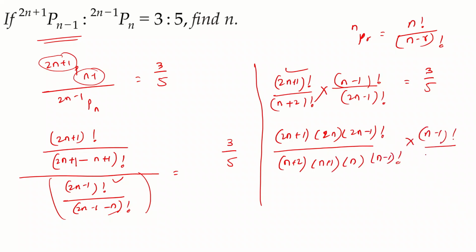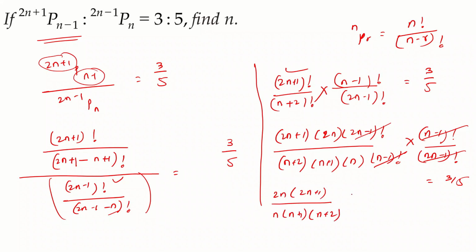That's the whole purpose. And this is equal to 3 by 5. So (n-1) factorial and (2n-1) factorial cancel out. All we are left with is 2n times (2n+1) divided by n times (n+1) times (n+2) is equal to 3 by 5.